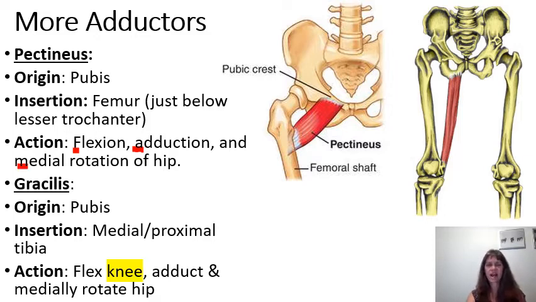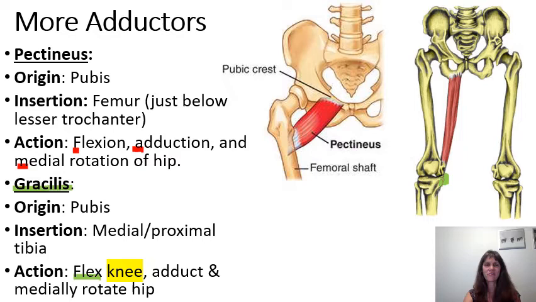There is another adductor called gracilis. Gracilis originates on the pubis, but inserts on the proximal medial aspect of the tibia. Therefore, because it crosses the knee joint, it flexes the knee and adducts and medially rotates the hip.